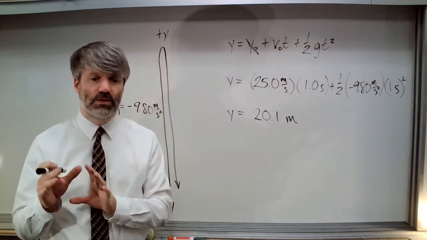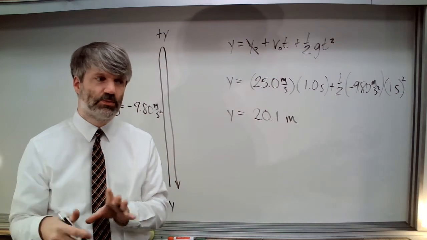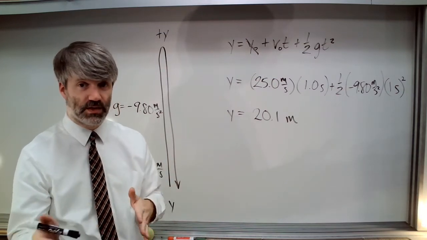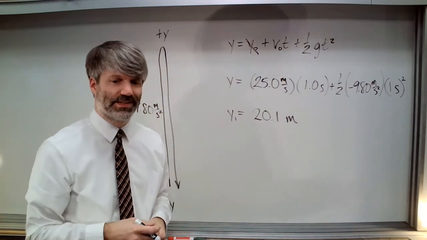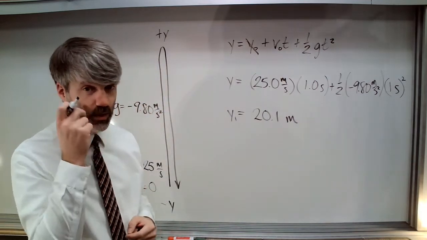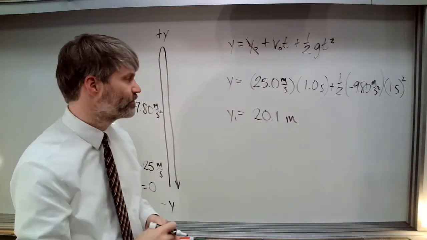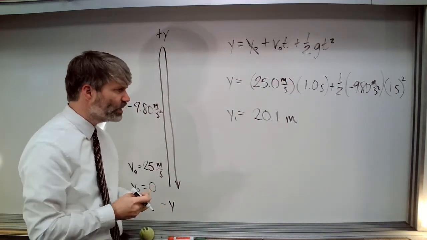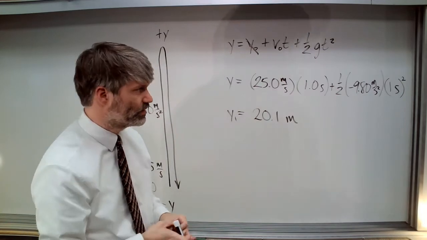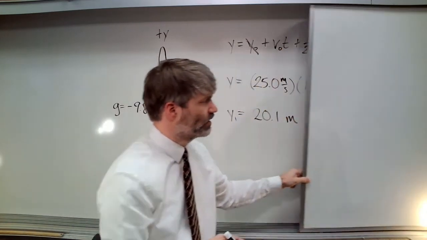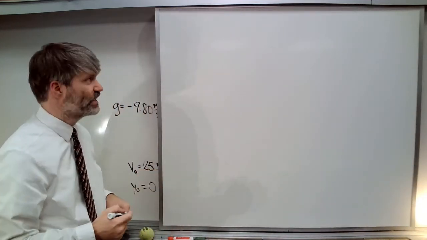Now, we're going to want to keep track of this because we're going to have a position at 1, 2, 3, 4, and 5 seconds. So I'm going to call this y1, that'll be y at 1 second. It is 20.1 meters. Now we're going to want to organize this information as well, so let's bring this board over for our organization.